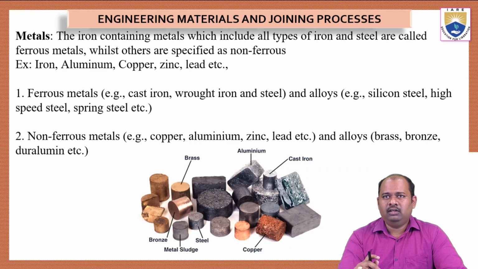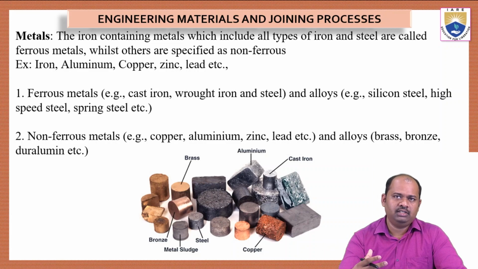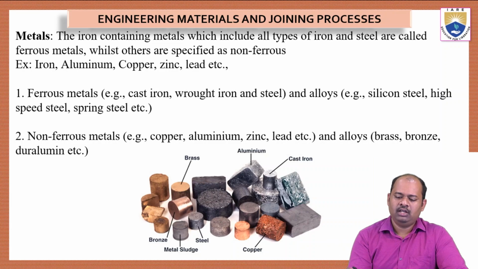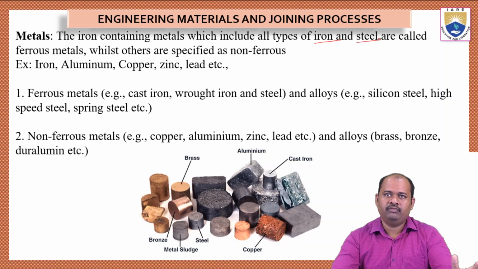Now, the iron-containing metals, which include all types of iron and steels, are called ferrous metals, while others are specified as non-ferrous materials. So the metals in which iron is the key component, iron and steel, are called ferrous metals.